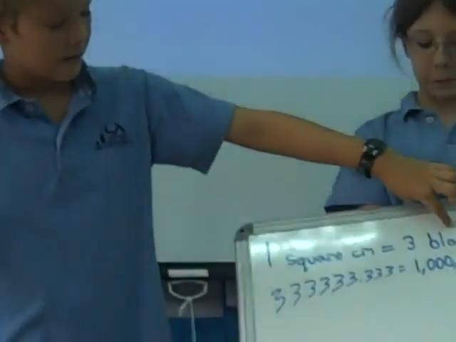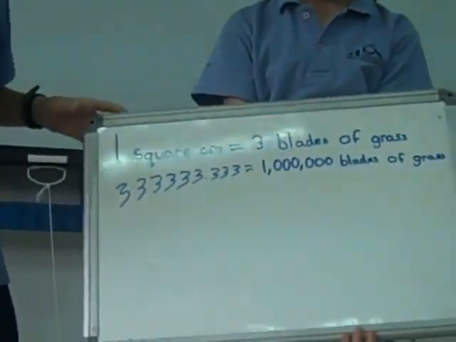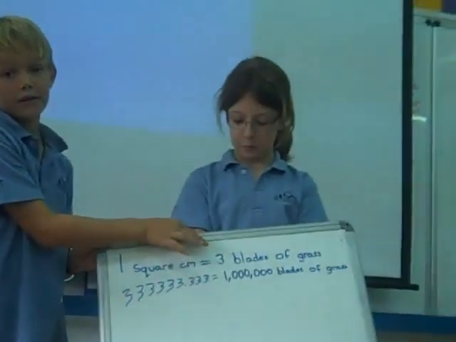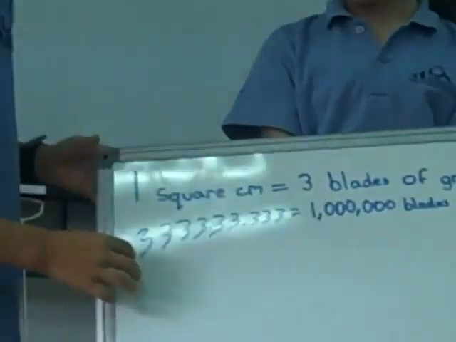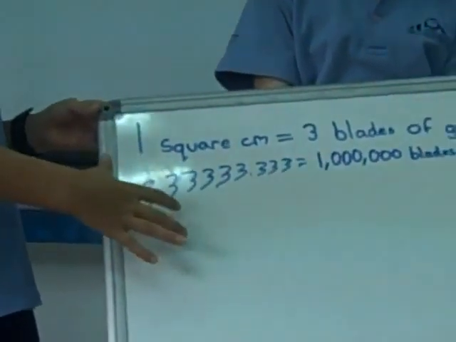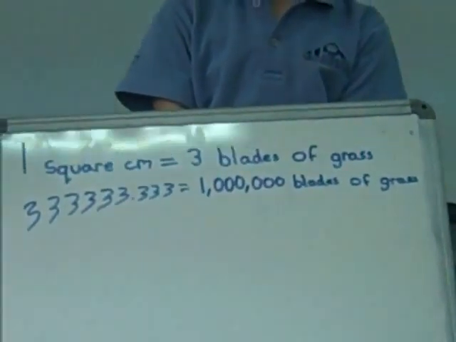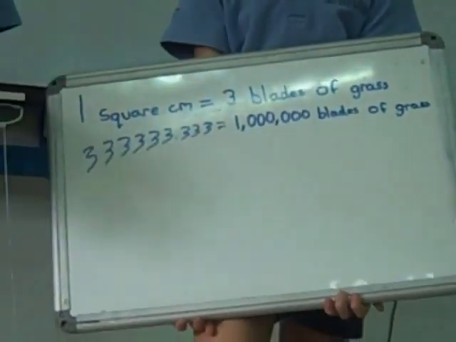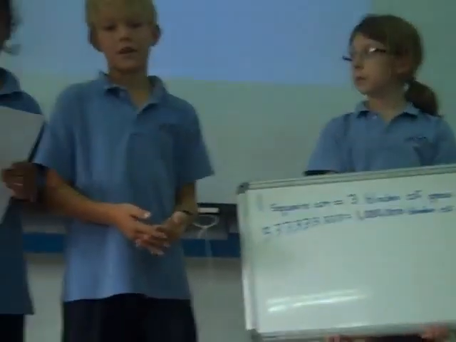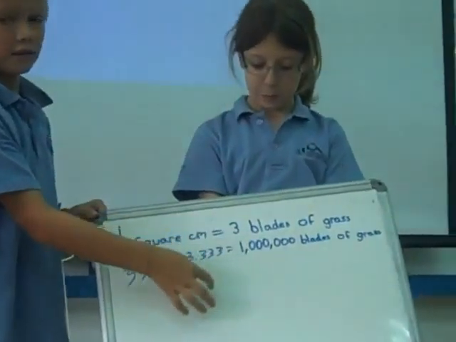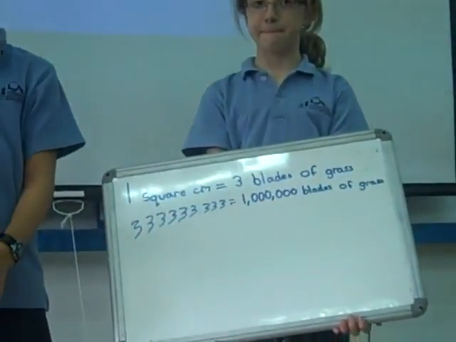Then we had to divide a million by that amount, which ended up being 333,333.333, but the 3's would actually go on forever because you couldn't divide it equally. So we did division to see how many square centimeters there were.